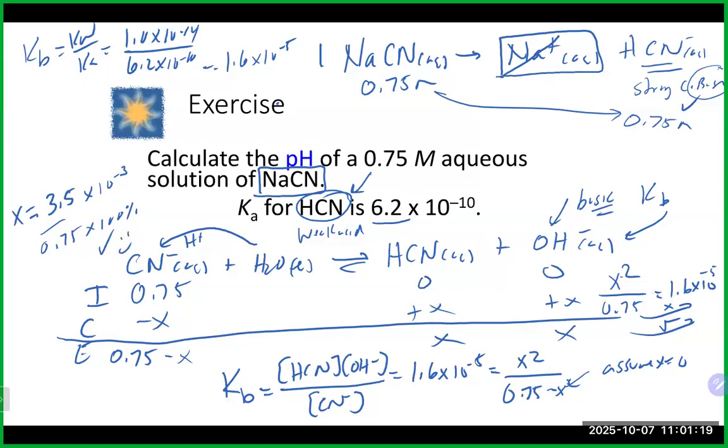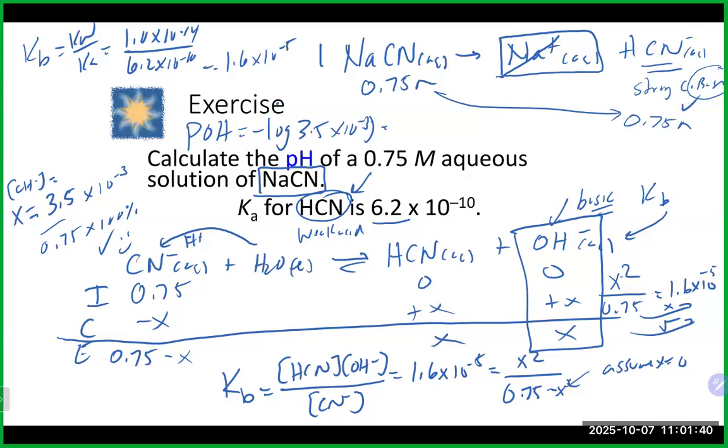The check is good. Once again, looking back at our table, we can see our x value does equal the hydroxide concentration. So the hydroxide concentration is the same number. That allows us to go into our pOH, negative log of 3.5 times 10 to the minus 3, and that's going to get us, looks like, 2.46.